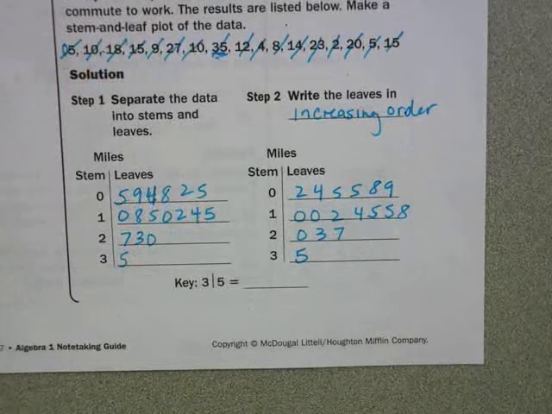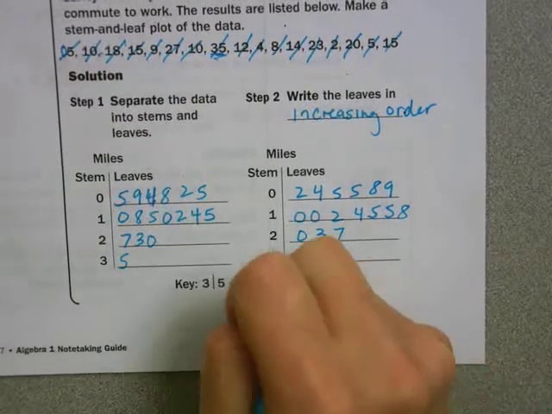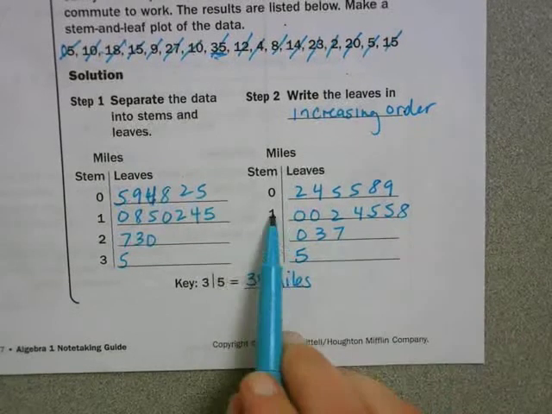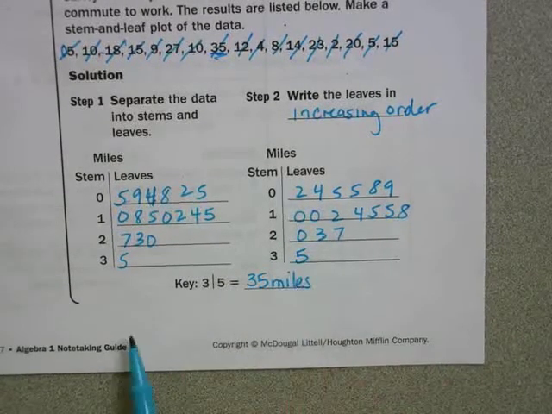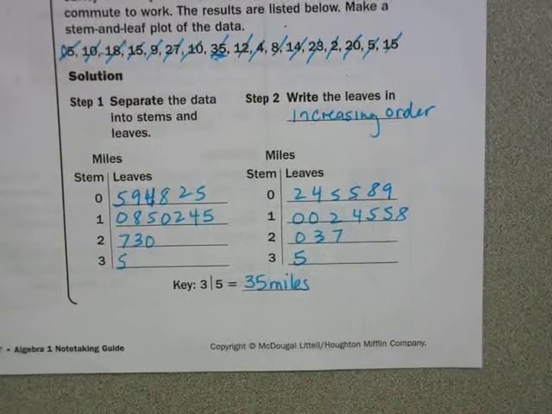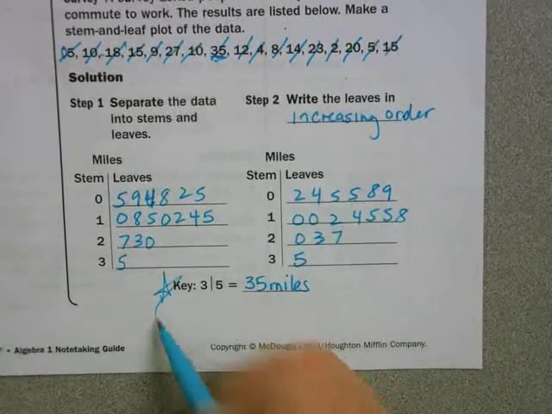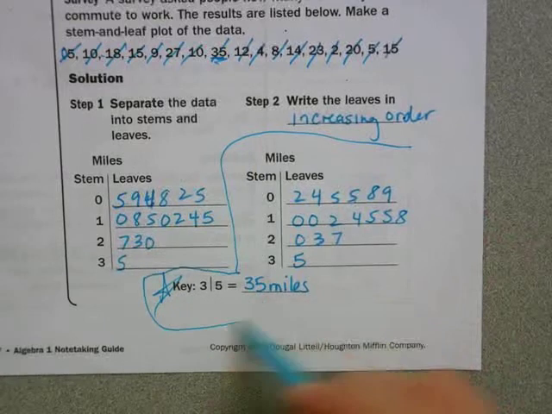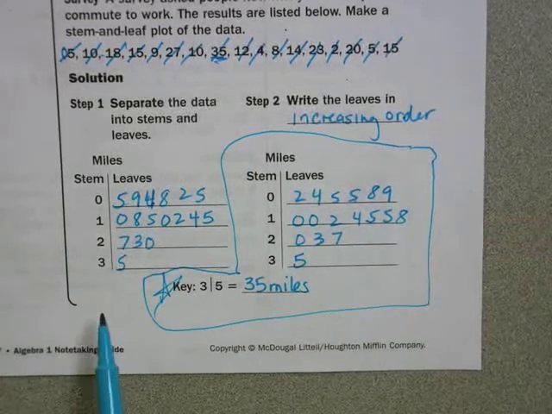And then we need a key. What does 3|5 mean? It means 35 miles. So that would mean 10 miles, 23 miles, 5 miles, and so on. So you always have a key to explain what it means. So this right here is my finished product. This was just helping me organize it.